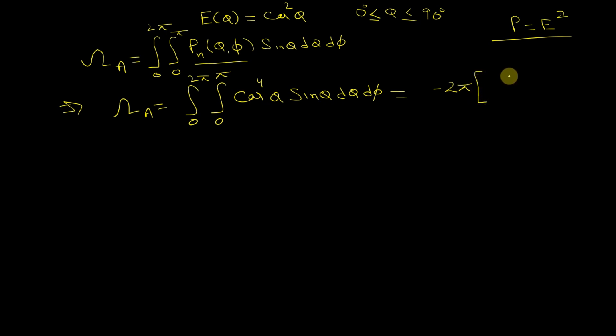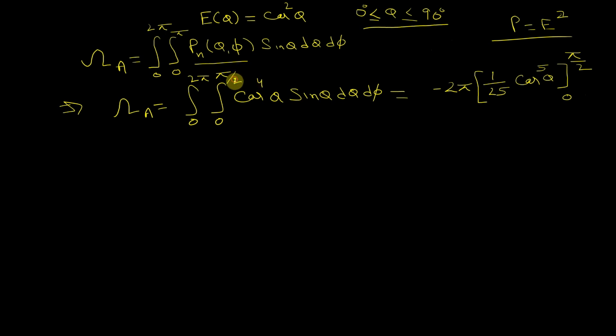So for the theta variation, if we solve it, we will have cos to the power 5 theta, from 0 to pi by 2. The limit will change now because our theta is varying from 0 to 90 degrees, so 0 to pi by 2 only.